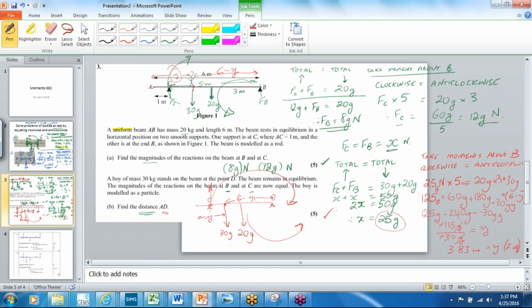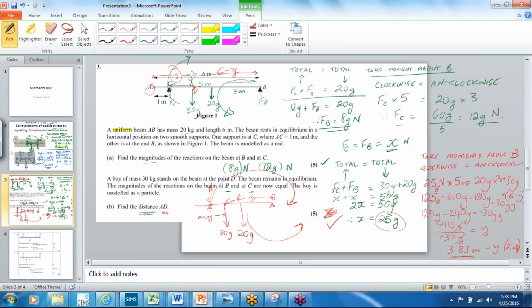I've said it's 3.83 from the end, but the question wants the distance from A to D. Whoops, nearly looked past that. We've not finished yet. Oh yeah, there's A. Oh no, we're right. A to D. Boy's standing at D. A is on the end. Yep, we're okay. 3.83 meters.